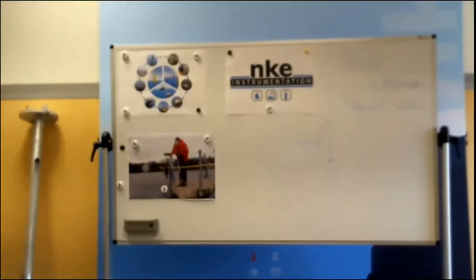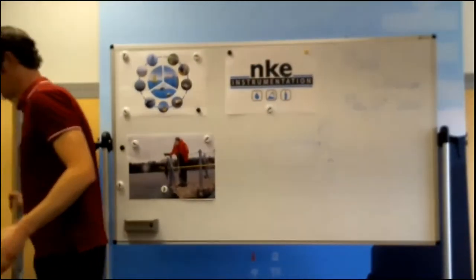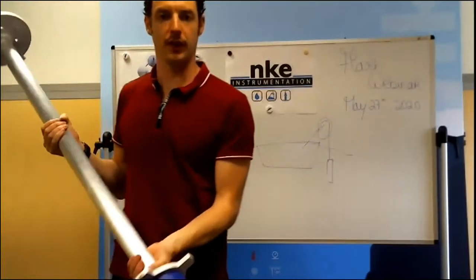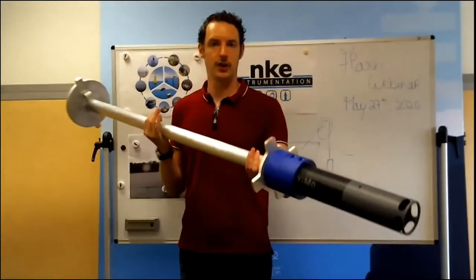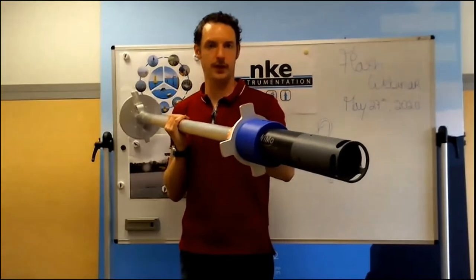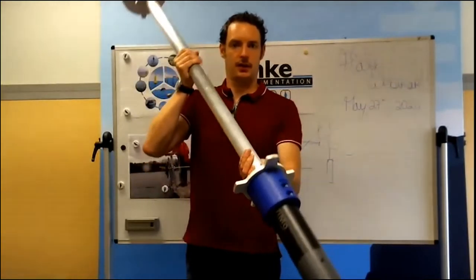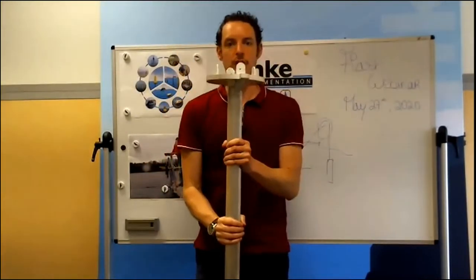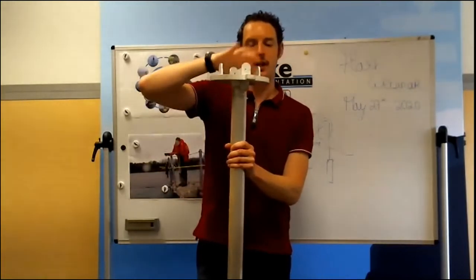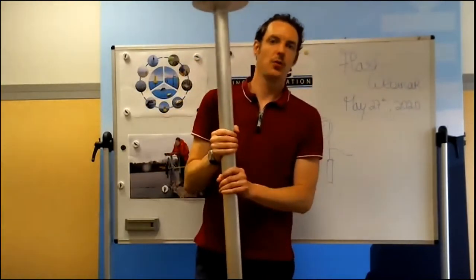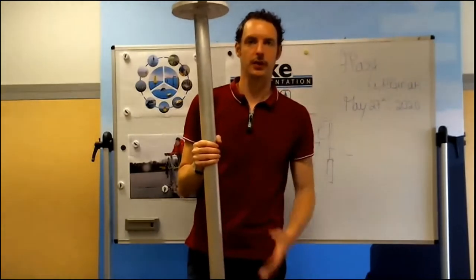Inside this tube, I can have this type of stake. Here I have my WiMo that is at the end of the stake. And what is very interesting is that I can extract the stake without removing the float from the water.